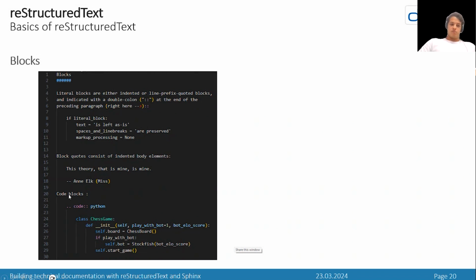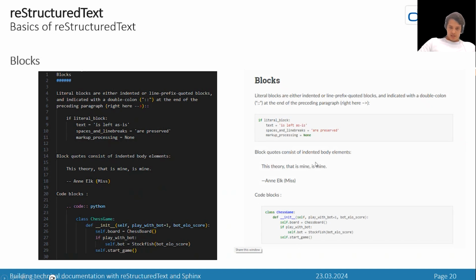And we also have code blocks for which we can choose the language we want syntax highlighting for. This is also a directive which is named code. And in this case, we are getting the following output. If you pay attention, you can see that there is Python syntax highlighting here by default, but this can be disabled if we don't want syntax highlighting at all for the literal blocks.